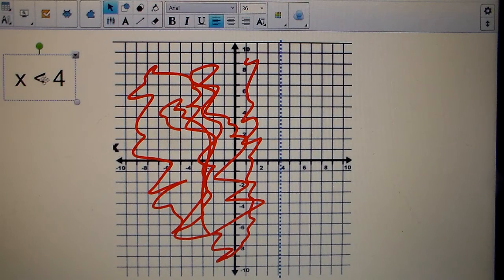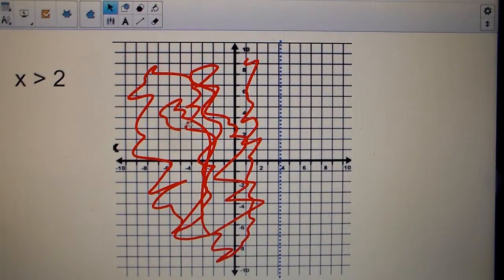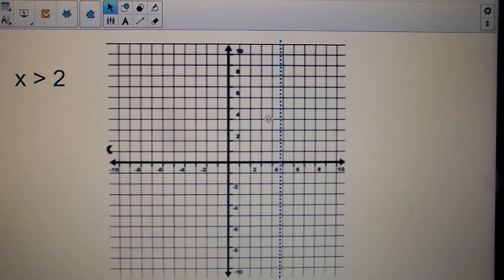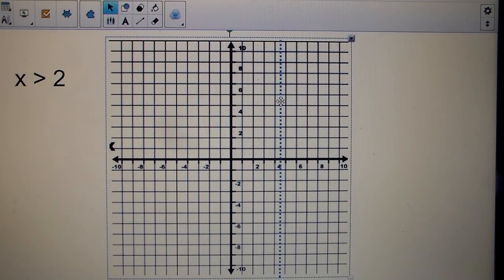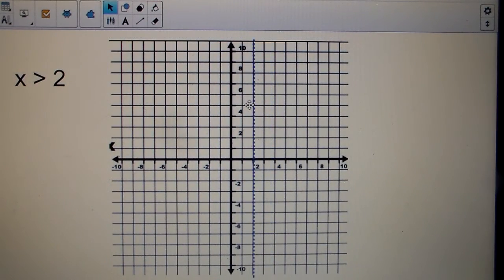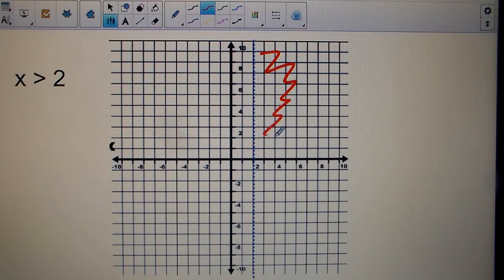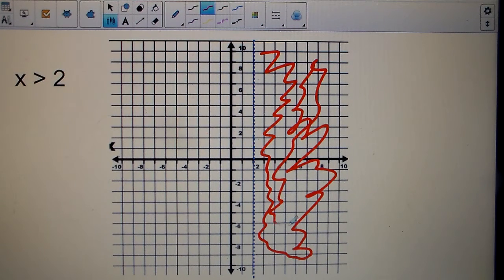If I have x is greater than a number, like for example x is greater than 2, that means I'm going to have a vertical line at positive 2. And I shade to the right because greater than is to the right. So x is greater than 2, you shade to the right of positive 2.